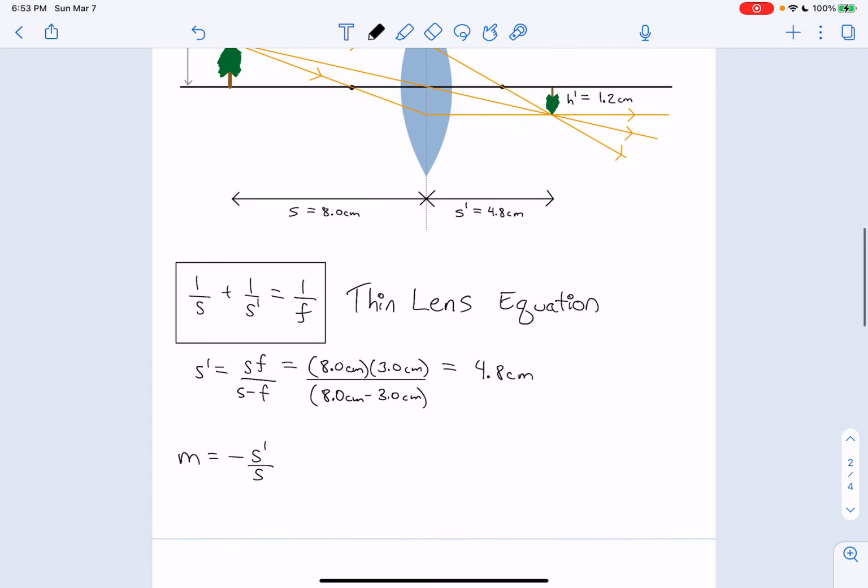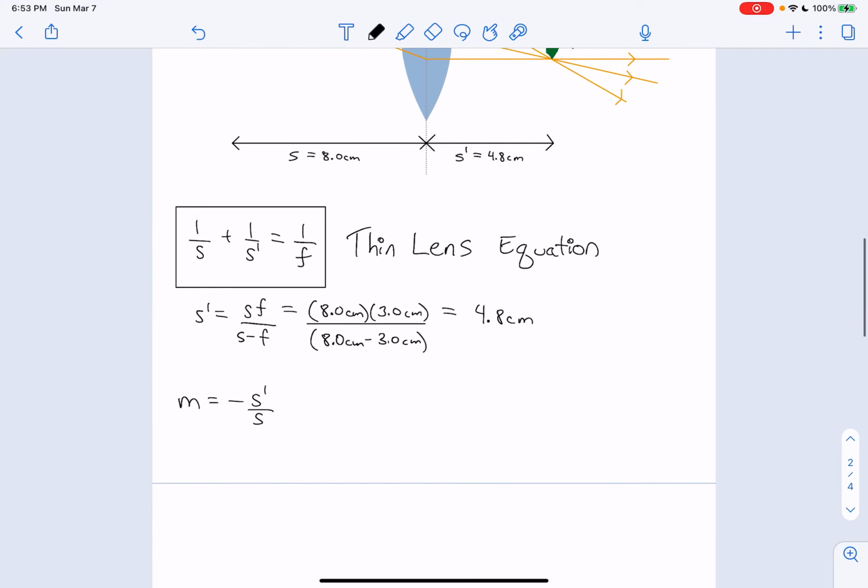Now, let's take a look for this case. S prime is 4.8 centimeters, and S is 8 centimeters. So we get a magnification factor now of minus 0.6.